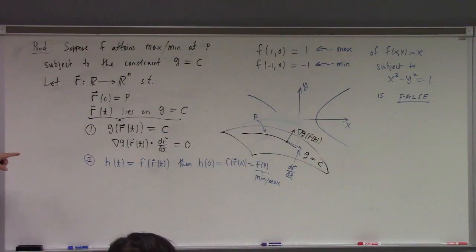But h is a function of one variable, so we know from calculus 1 that 0 has to be either a maximum or a minimum for h, right?